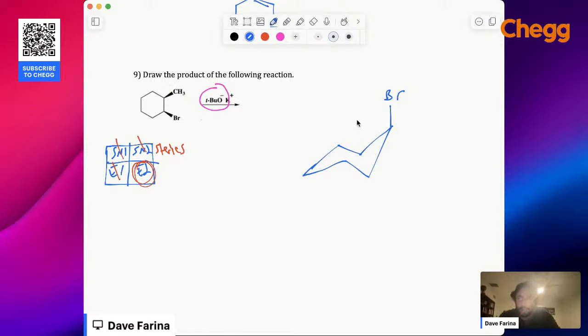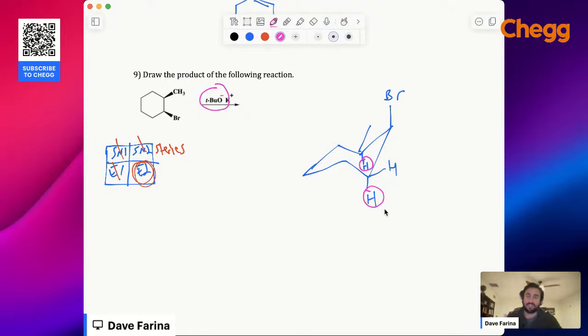Then if we go counterclockwise one, we've got a methyl there, and then we have a hydrogen there, which means on this side we have two hydrogens. So in this case, we do have two protons available for elimination. Boom, boom. We have two alpha protons that are axial, so each of those is antiperiplanar to the bromine. And so either of them can be extracted for E2 elimination.